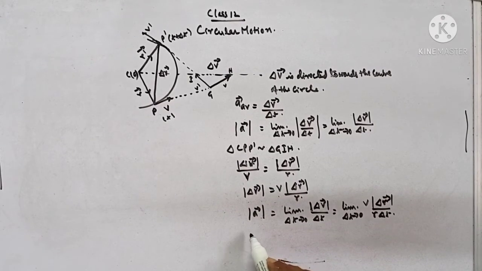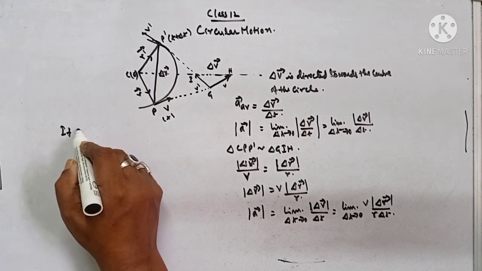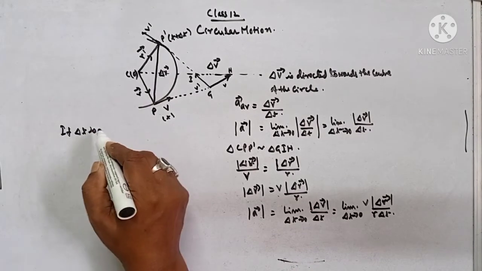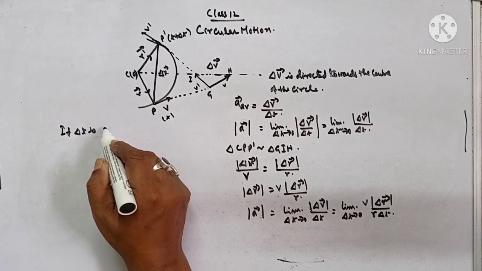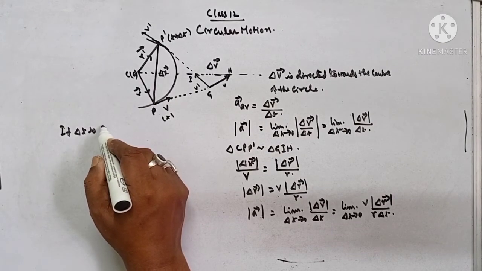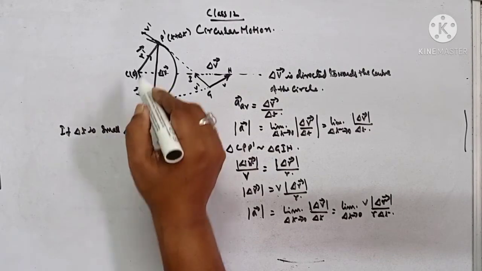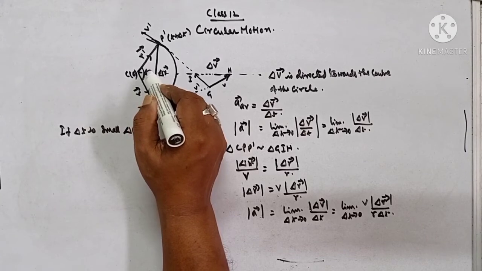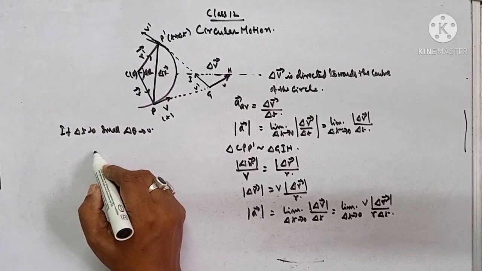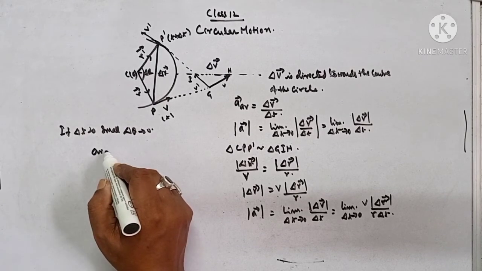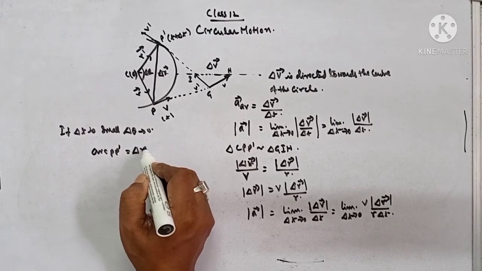Now if delta t is small, then delta theta tends to 0. So your arc PP dash will become equal to delta r.